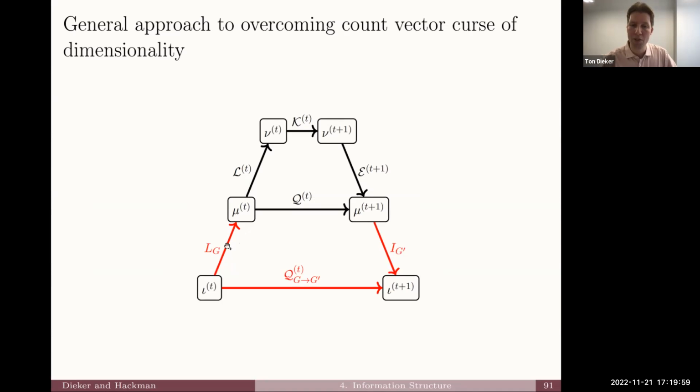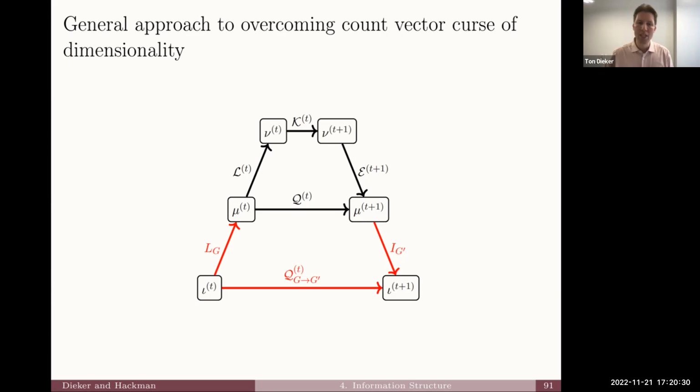So there will be graphs G and G prime, and we'll introduce lift maps, L_G, and compression maps or marginalization maps, iota_G prime. And that defines here a new map. These iotas are just like in the decomposition approach, where there were collections of low-dimensional PMFs, the same here. There's some more flexibility compared to the decomposition approach.